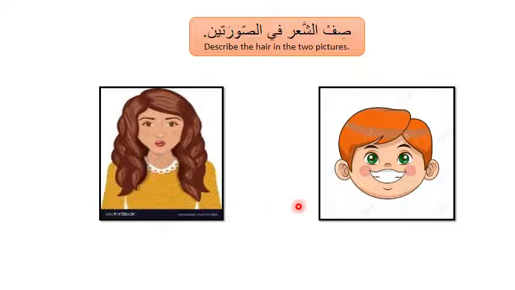You can describe the hair of the boy, just say ولد or هو, or you can assume that this is your brother. You can say أخي, صديقي, my friend, and so on, and then you need to describe the hair. For the girl, you can say هذه بنت, or you can just say هذه أختي, هذه أمي, and then you start describing the hair. Remember the structure or the order of description.